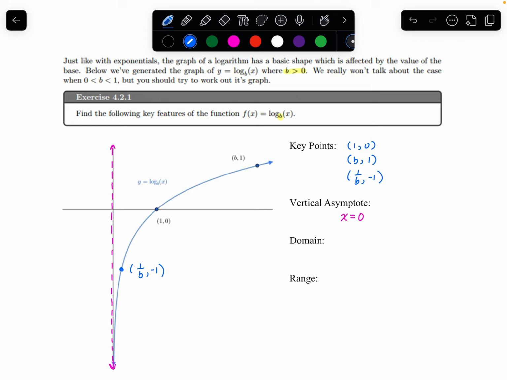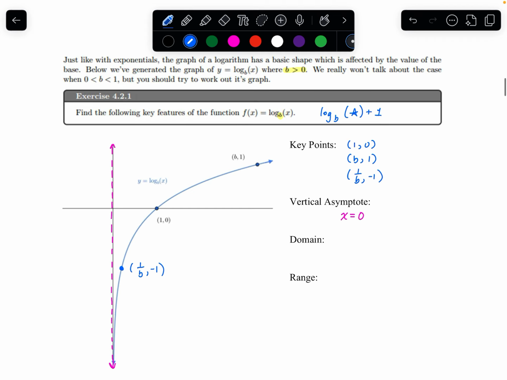So what we are going to see when it comes to log functions is that if we are taking the log of anything, even if we were to, let's say, add 1 on the outside, that anything for our domain needs to be greater than 0. So what we would do is set the inside equal to 0, which I will in fact show you how to do once we start moving things around.